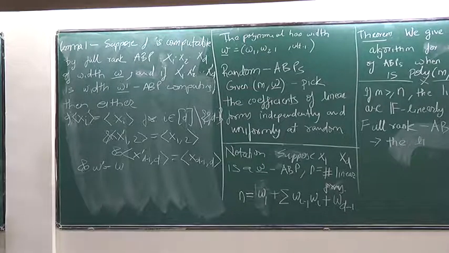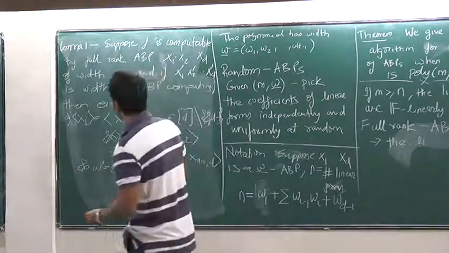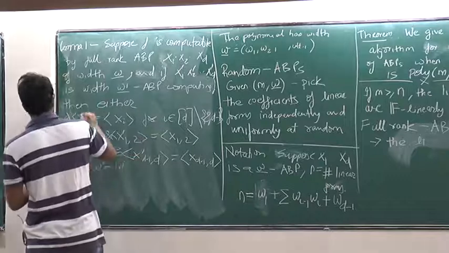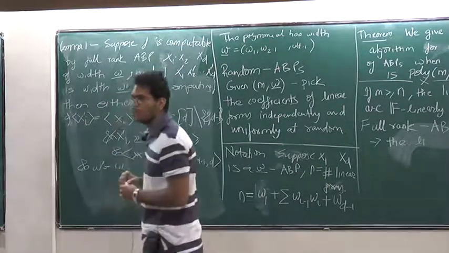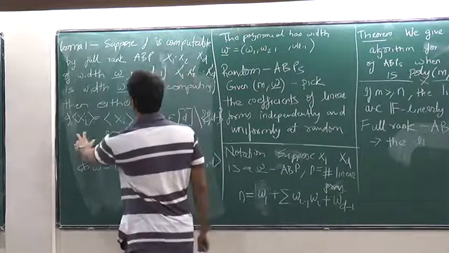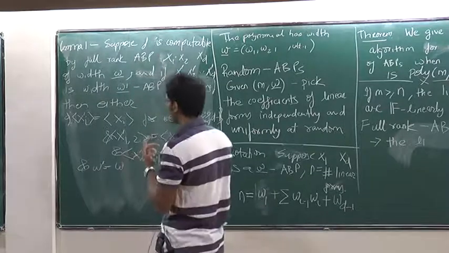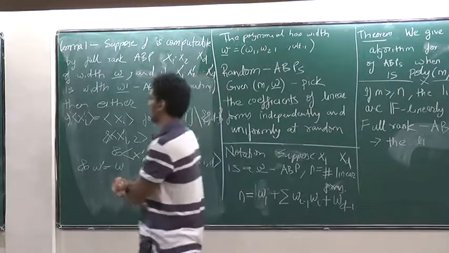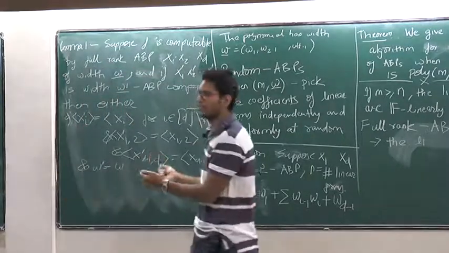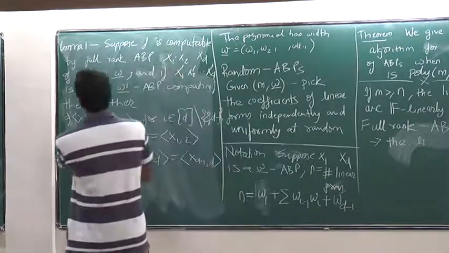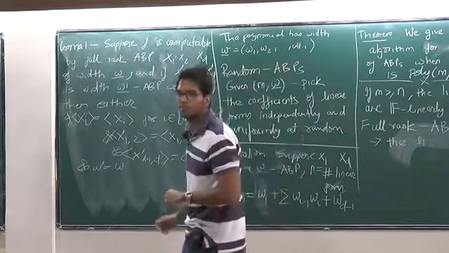So xi prime is equal to xi, the space of the linear forms is equal to that of the original, or the inversion happens. That is because of the transpose operation. It just says that x prime d is equal to x1 and so on, and it's just the inversion.